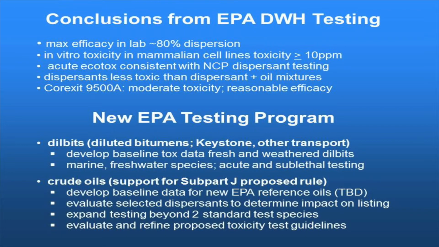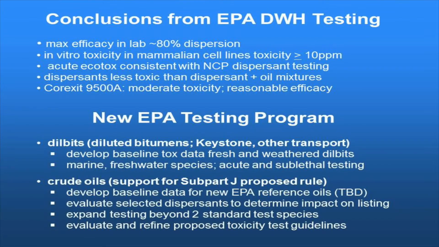But if Keystone comes on board, there'll probably be a lot more diluted bitumens entering the environment at some point in time. We don't know much about the toxicity. We don't know about the dispersibility of it. Now it would most likely be a freshwater spill, so we're not worrying about dispersants with the dilbits, but we are trying to develop some baseline toxicity.